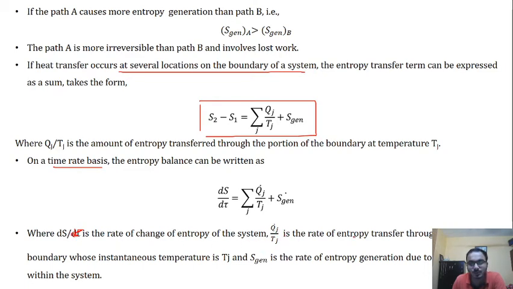Maybe this portion may not be visible to you, so I am speaking it and you can write it down. Q dot j upon Tj is the rate of entropy transfer through the portion of boundary whose instantaneous temperature is Tj, and S generation dot is the rate of entropy generation due to irreversibilities within the system.